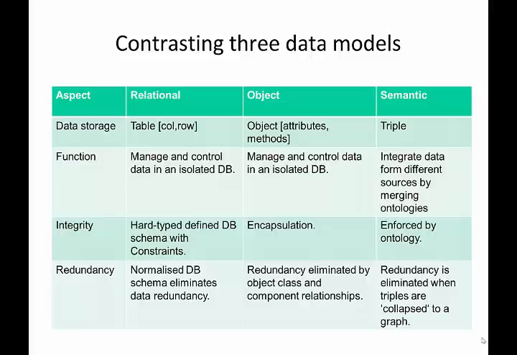Redundancy in the relational model, well, the whole aim of your normalized database schema is to remove the redundancy. In the object model, redundancy is managed by object classes and component relationships. If you define your objects well, there shouldn't be any duplicate information in the object.